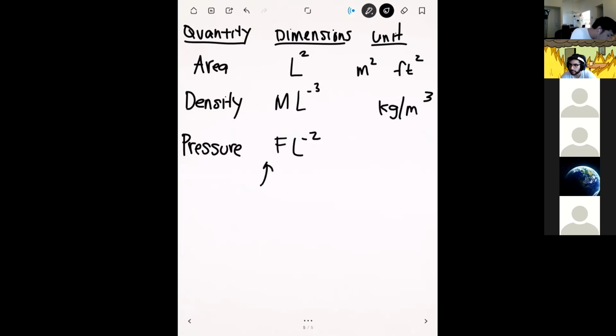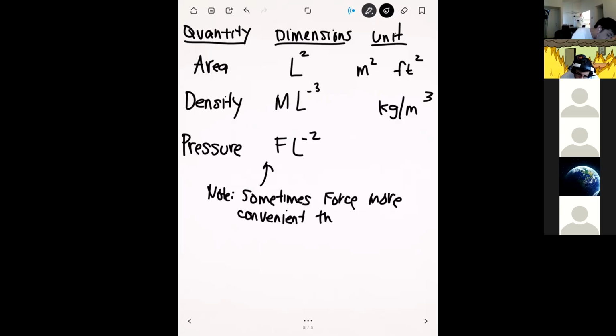Okay? And we'll do a note. Sometimes force is more convenient than mass. Okay. And then an example unit for pressure would be pascals. That's the SI unit. And the way you get pascals is Newton per meter squared. Okay.